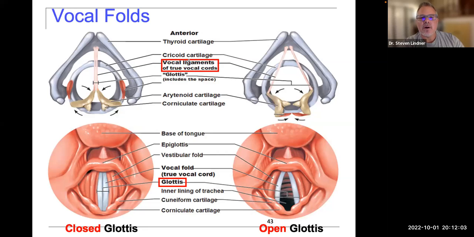So here are the vocal ligaments of the true vocal folds right here. And you can see that they do attach to the arytenoid cartilage. And there is musculature if you look off to the right here. And you could see when these muscles contract, it changes the orientation of the true vocal folds.